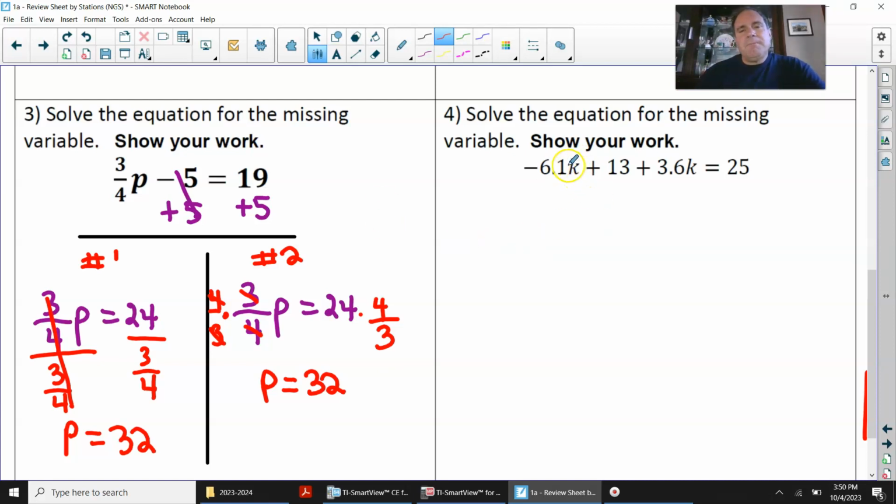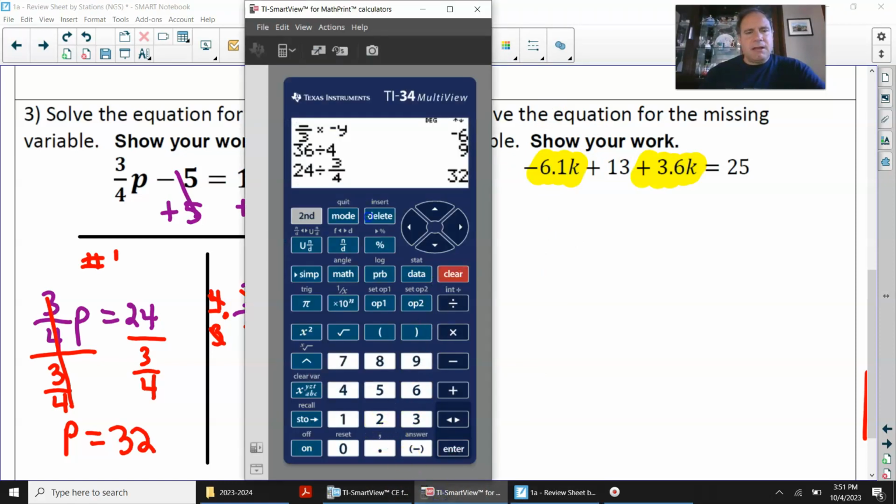All right, number 4. Again, we are taking a look at the left side. You're not going to bother with the equals 25 yet because you have to combine like terms, and you should combine like terms before you move anything across the equal sign. So I'm going to grab my calculator again and clear it out.